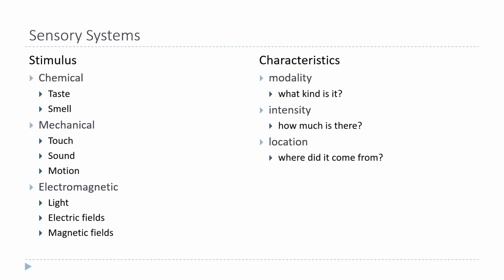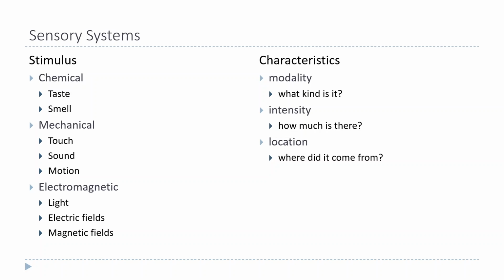And then location usually means where did the sensory stimulus come from. Now, in some sensory systems, that's pretty straightforward. So with the visual system, for example, location just means where in your visual field did a given photon of light come from, or where is an image coming from in your visual field. With sound, you may also want to know where did a sound come from with respect to the position of your ears. And touch is pretty straightforward too. If you're talking about where did a touch stimulus come from, you really mean where on your body or on your skin was a touch or mechanical stimulus applied.